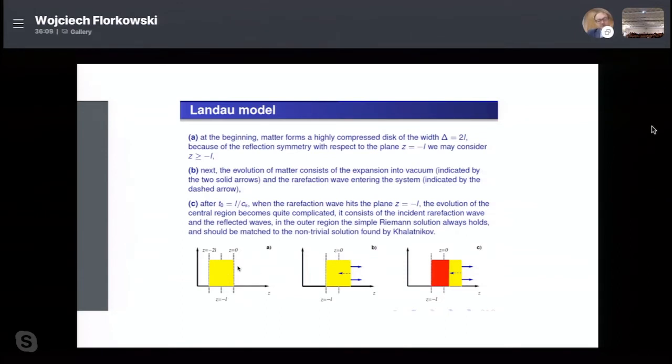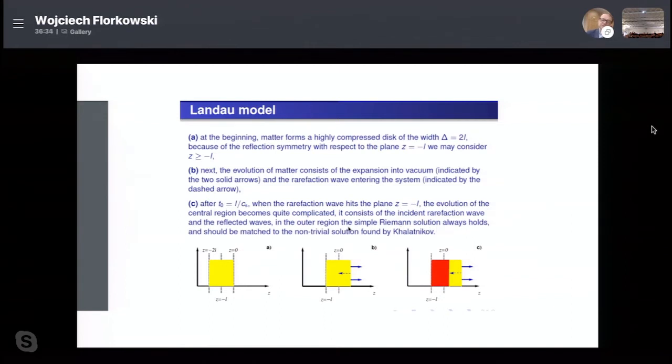Such a solution is known for matter expanding into vacuum, and this is known in non-relativistic physics. It was constructed by Riemann, and actually the relativistic solution is very, very similar. So the edge of the system really expands into vacuum. This expansion is described by the Riemann solution.